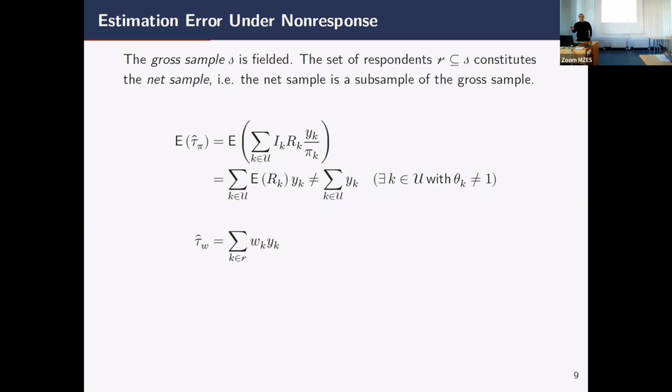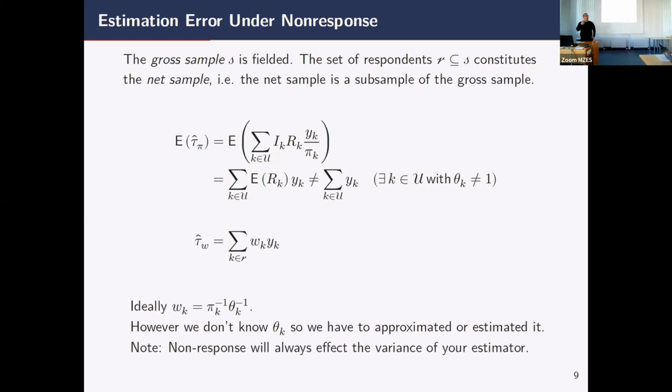So we have to find some weights, which I here denote as w_k, so that this sum, which runs only over the respondents, gives us again an unbiased estimator for our total. And one way, of course, to do that is to find w_k which is equal to that. But theta, as I said, is unknown, so we have to estimate it.